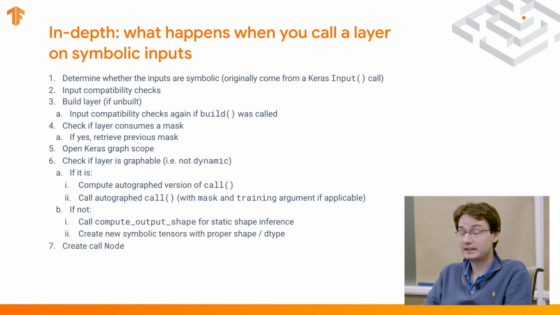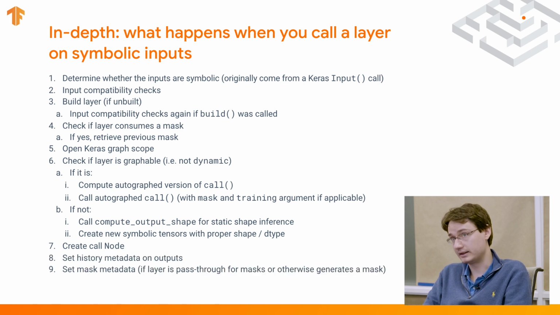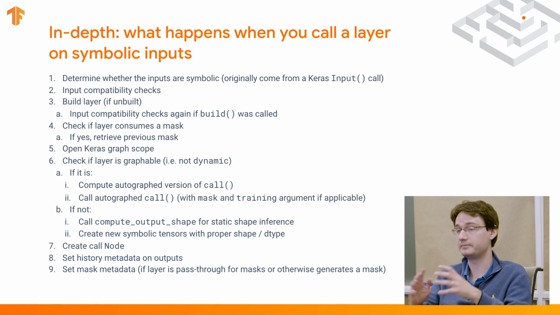But these automatic layers, in the general case, do not support masking. So if you do this, you are destroying the mask, and you're going to be passing your mask to a layer that does not support it, which is an error. It's not a silent failure. If you pass a mask to a layer, which is one of these automatic layers, that does not support masking, it's going to yell at you.